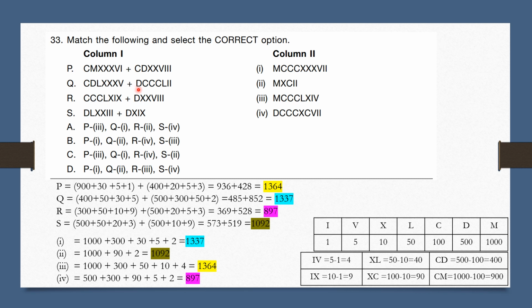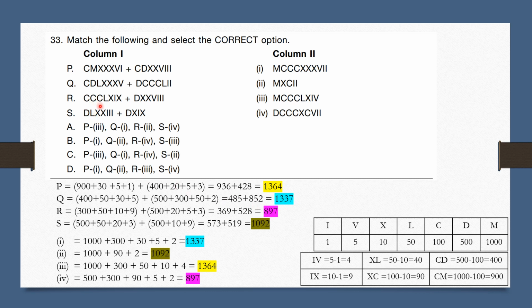So this is D is 500, C is 100, triple C is 300, L is 50 and I is 1, so double I is 2. So 500 plus 300 plus 50 plus 2 equals 855 and the total value of Q is 1337. Let's see the R.